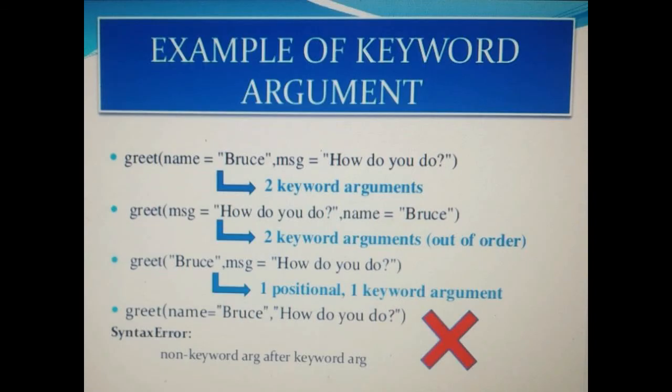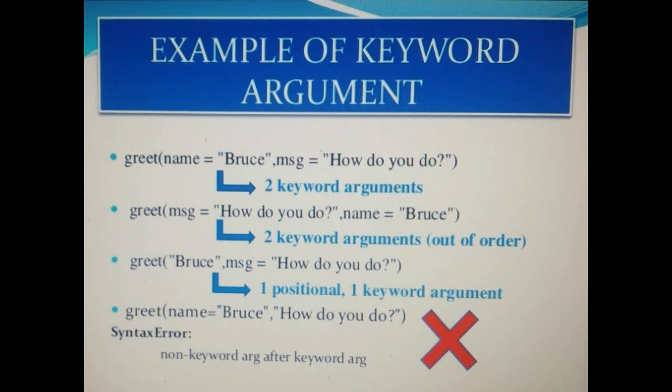Let us see an example of keyword argument. See, just like the first one, name equals Bruce, comma, message equals how do you do. Here name and msg were the two arguments whose values are given. In the next one, message is given first, then the name, so there is a change of order.